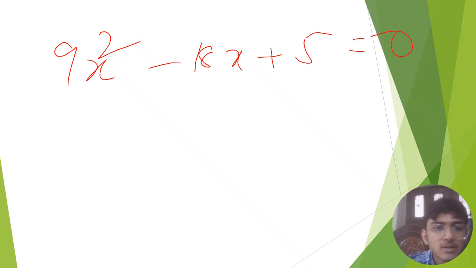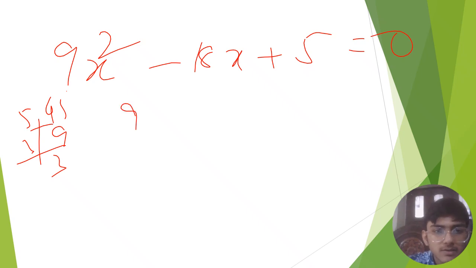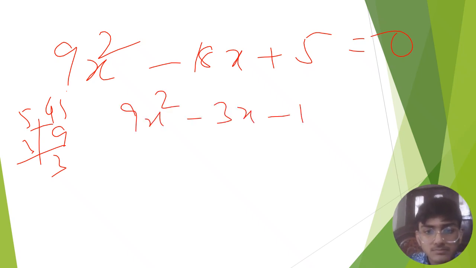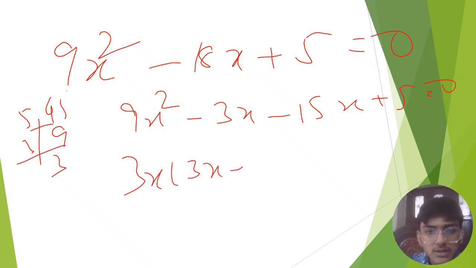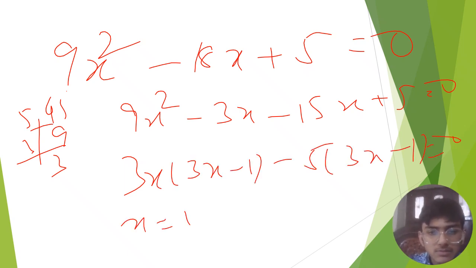Now 9x square minus 18x plus 5. Whatever be the roots, factorizing: 3x into 3x minus 1 minus 5 into 3x minus 1. So x is coming out to be 1 by 3 and 5 by 3.